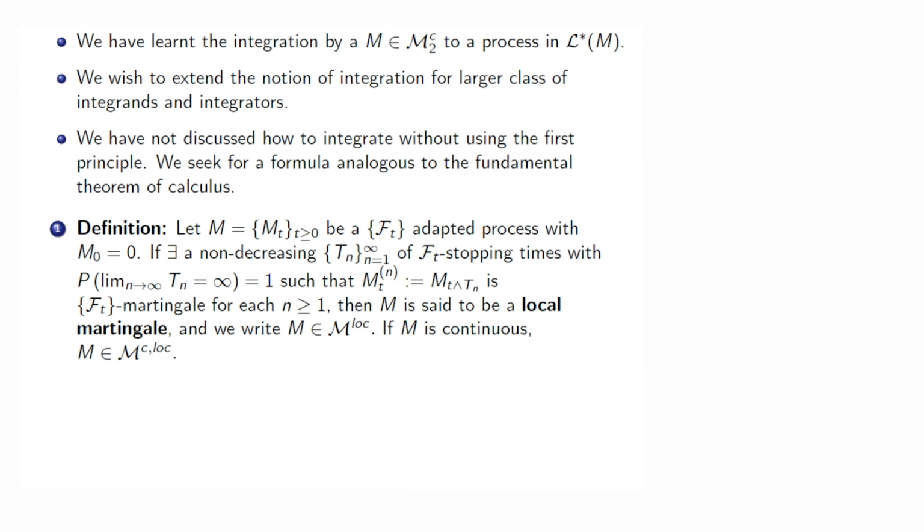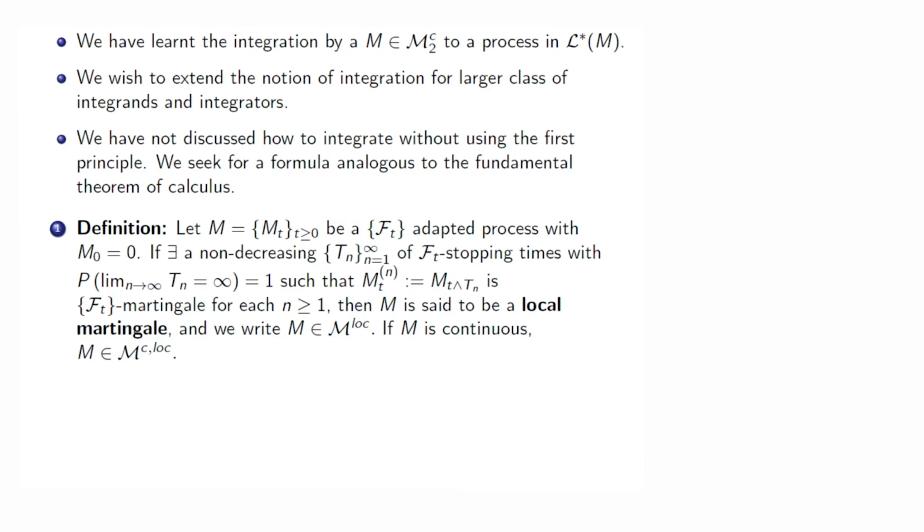That would be my M superscript Tn. Now for every n, I get one such stochastic process. My stochastic process M is such that there exists a sequence of increasing stopping times Tn, so that for every n, this derived sequence of processes gives an Ft martingale.